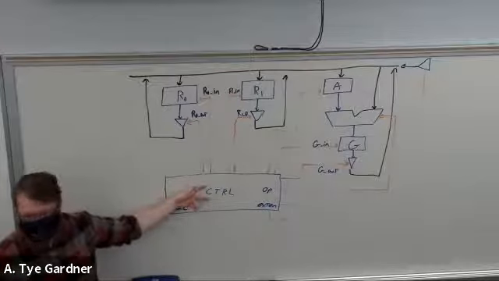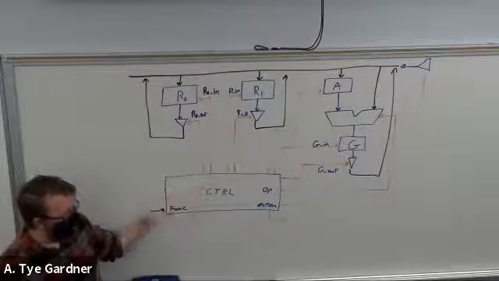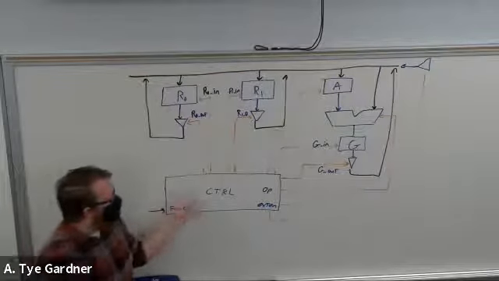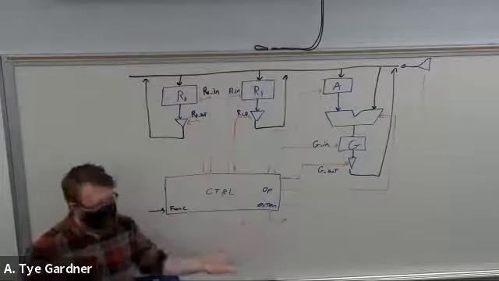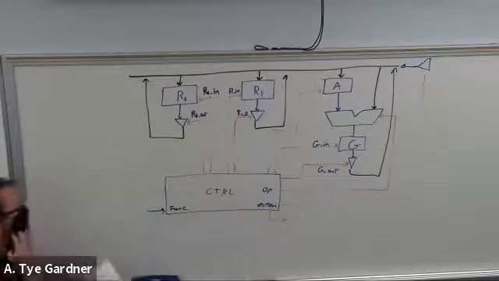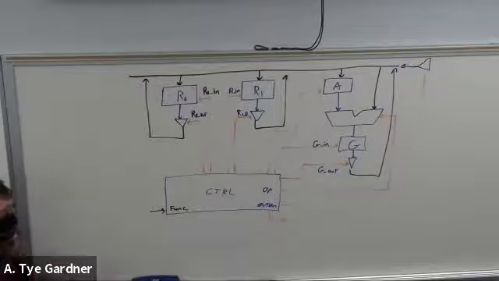This is what is represented by your test bench that is provided in project 2. So what the controller does is it sends out signals to perform various operations. So what do I mean by that? Well, let's do something like, if we want to add 3 plus 7, starting from scratch.